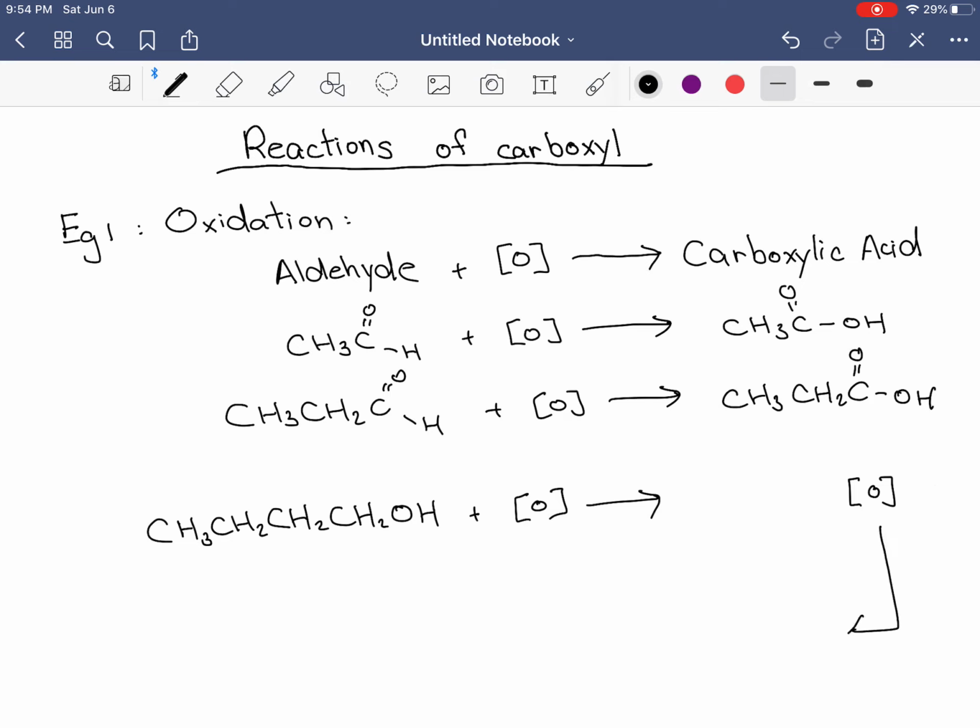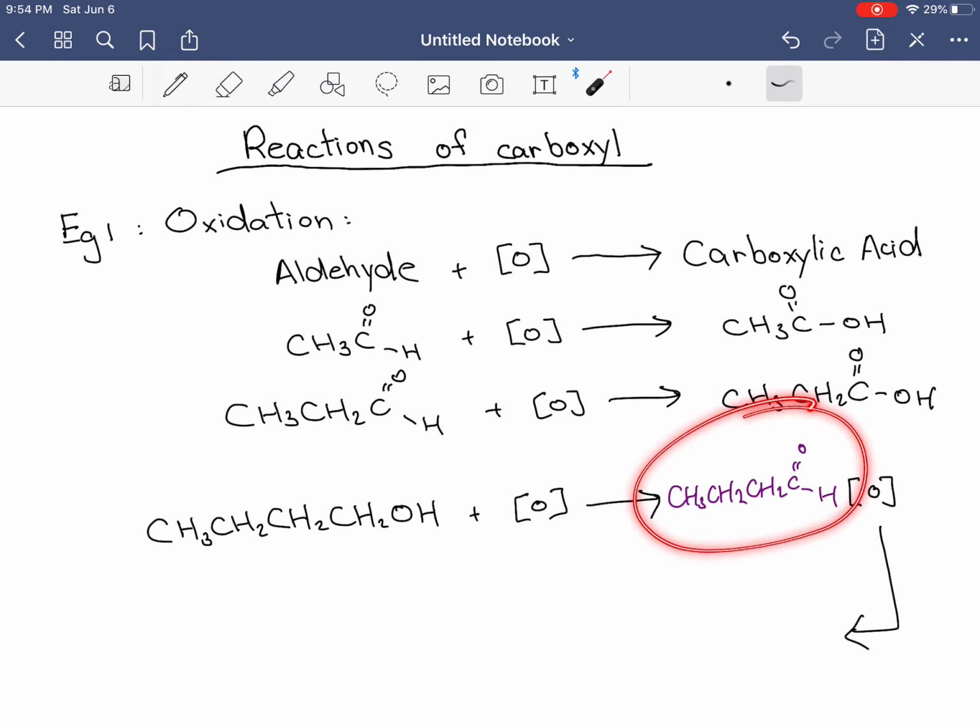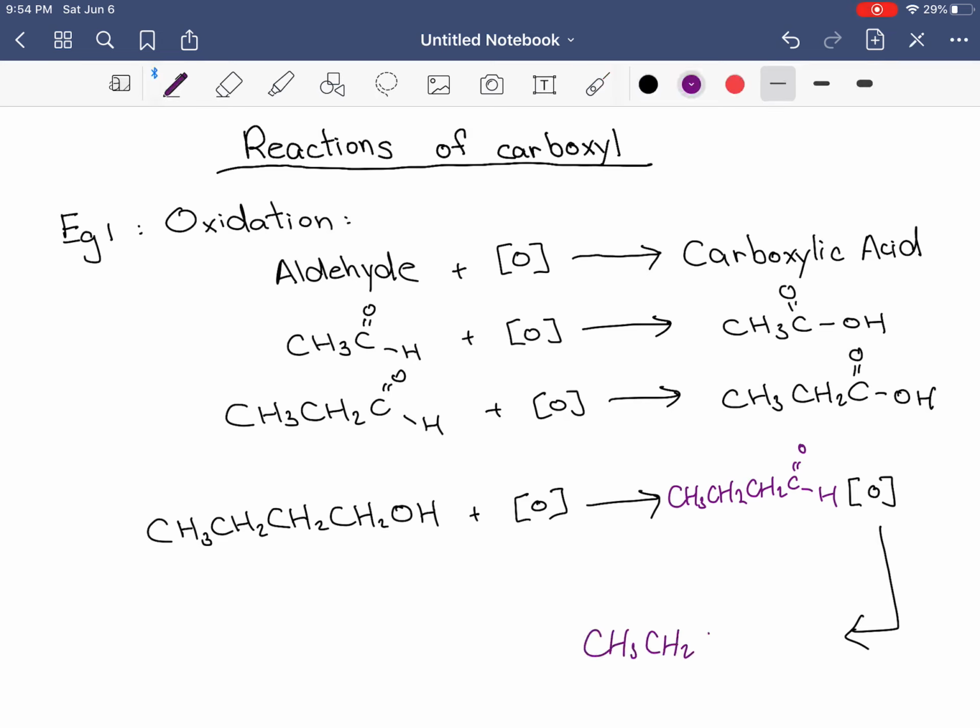Now, this is actually a very simple question. We know for a fact that this is a primary alcohol. So when a primary alcohol goes through oxidation, you're going to get an aldehyde. So your answer would be this. When this goes through another oxidation, you're going to make a carboxylic acid, like this.